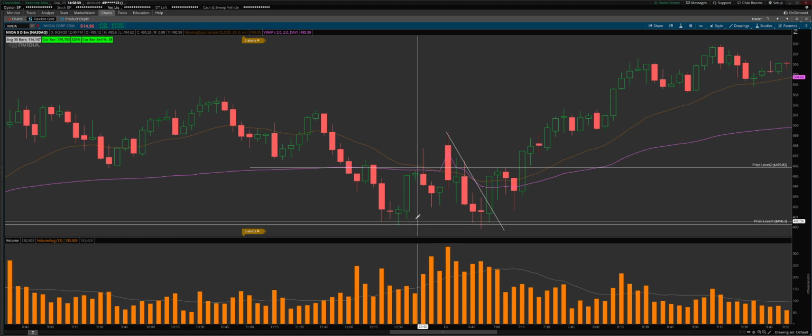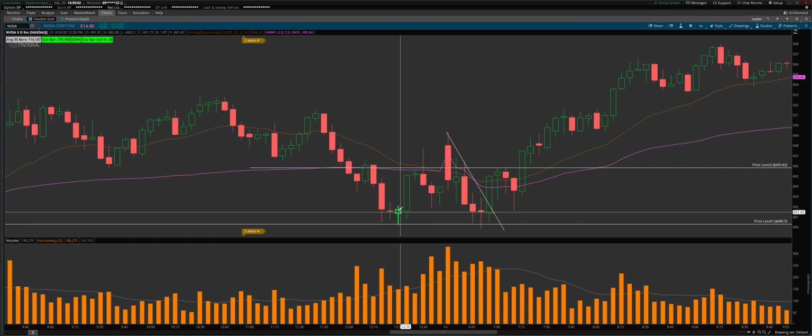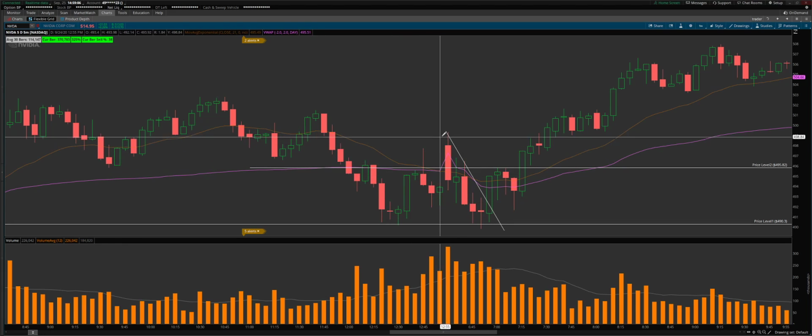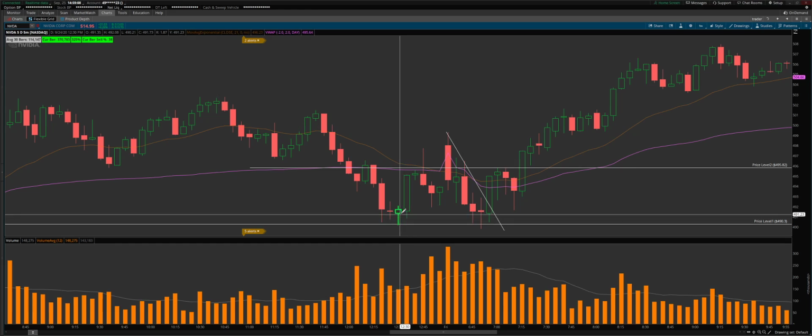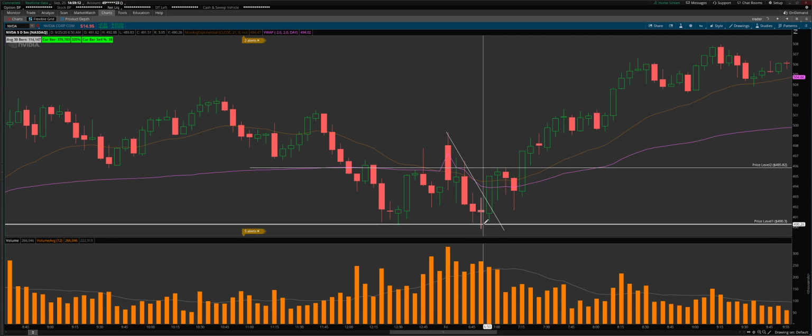This support line, this is the support that held Thursday. So now what can we expect? Market makers will make price drop below this candle wick's low, trapping shorts, and look at what happens. They immediately turn price around and make it rally. So what happens here? This is a demand.